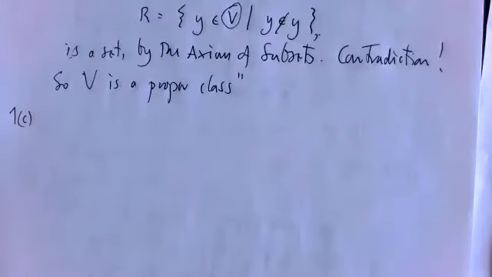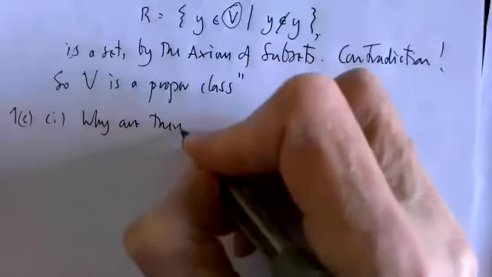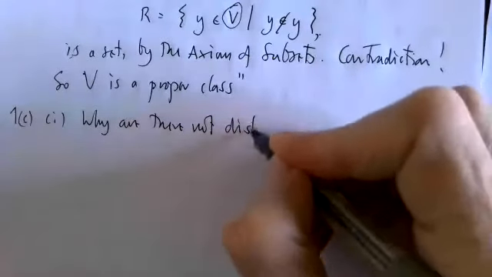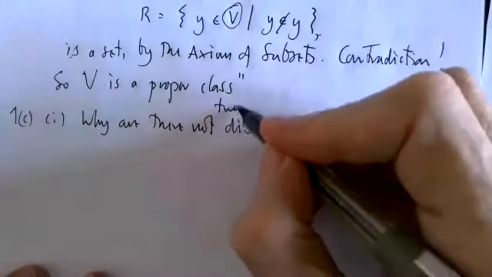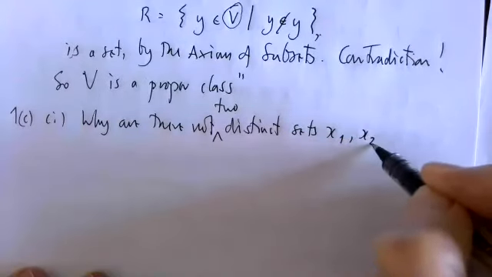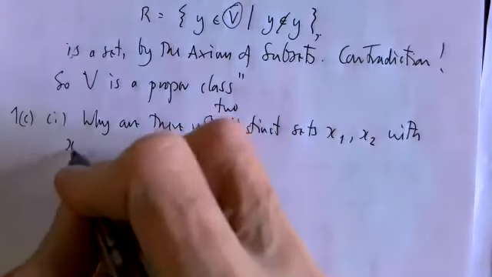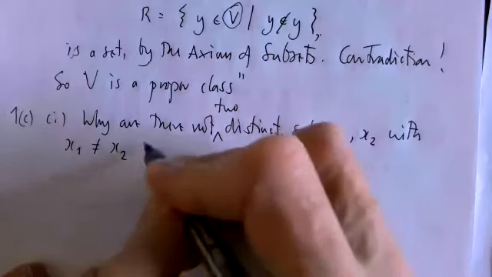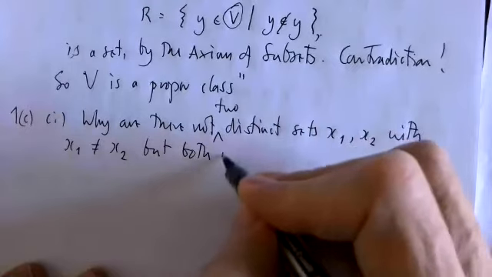So 1C was in several parts. Why are there not two distinct sets, so they're different, but both with no members?